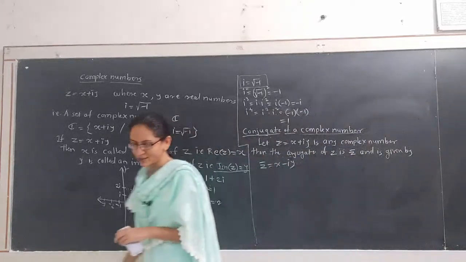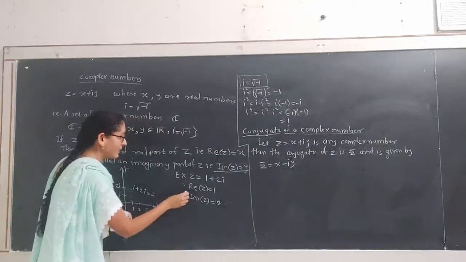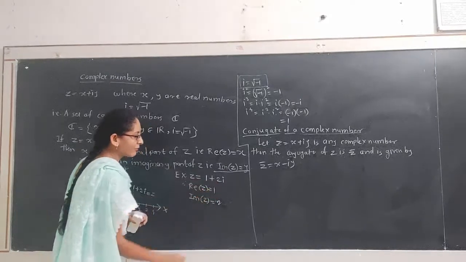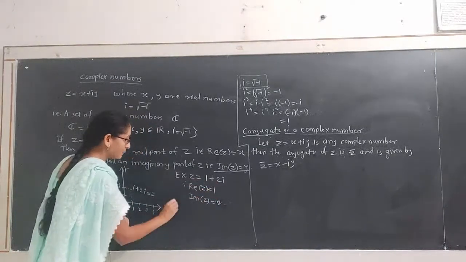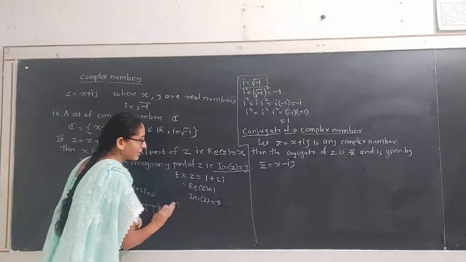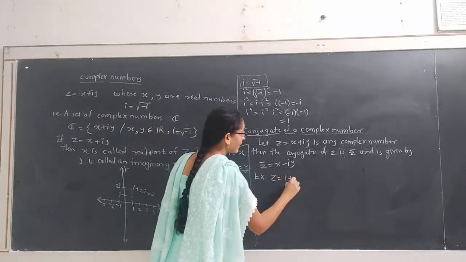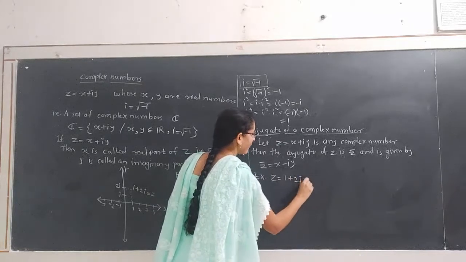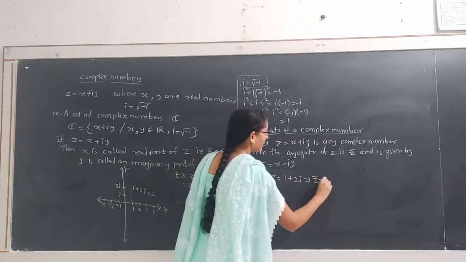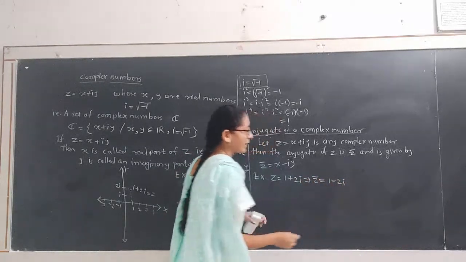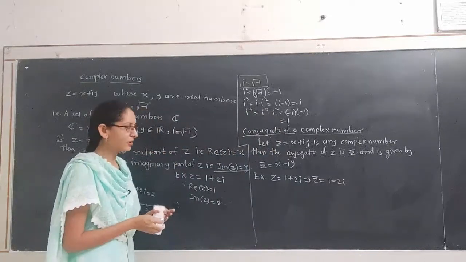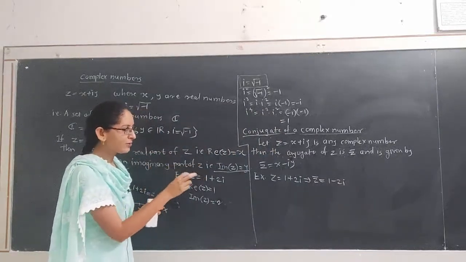On the complex plane, if you are given the point z equal to 1 plus 2i, therefore z bar is equal to 1 minus 2i. Only the sign of the imaginary part of z has been changed.